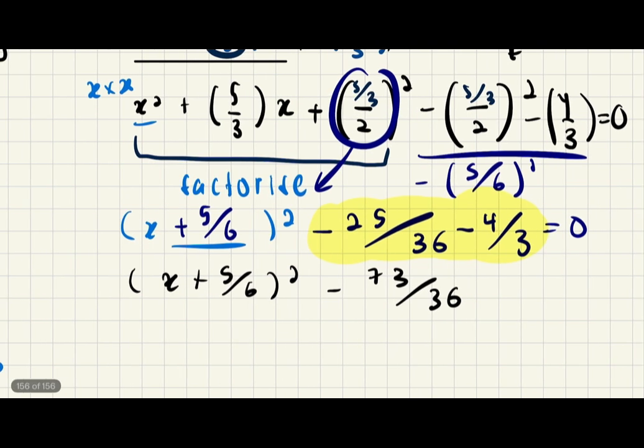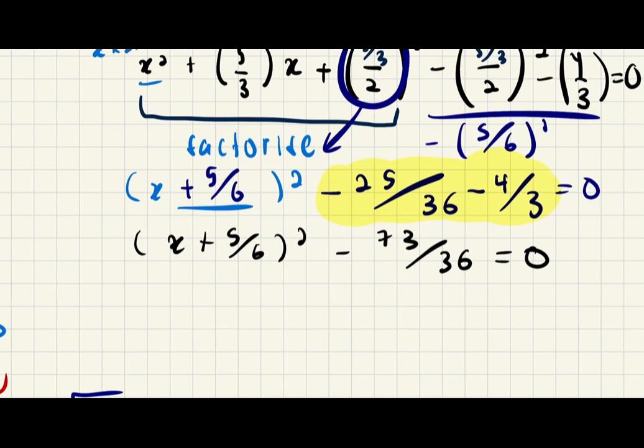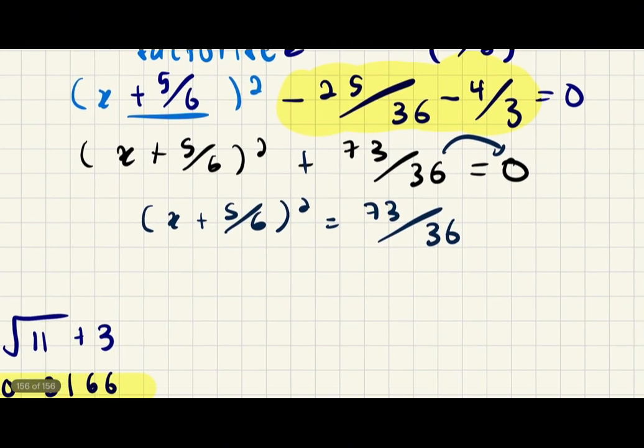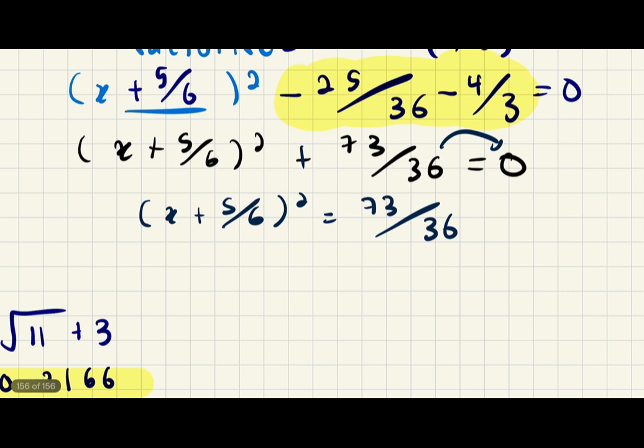Okay, so now you will take everything and put it to the other side. Sorry, I blurred just now. Okay, so x plus 5 over 6 squared is equal to, this becomes plus, sorry, don't put plus, 73 over 36. Okay, good. So now you get rid of this, you get rid of this, and you call it a day.